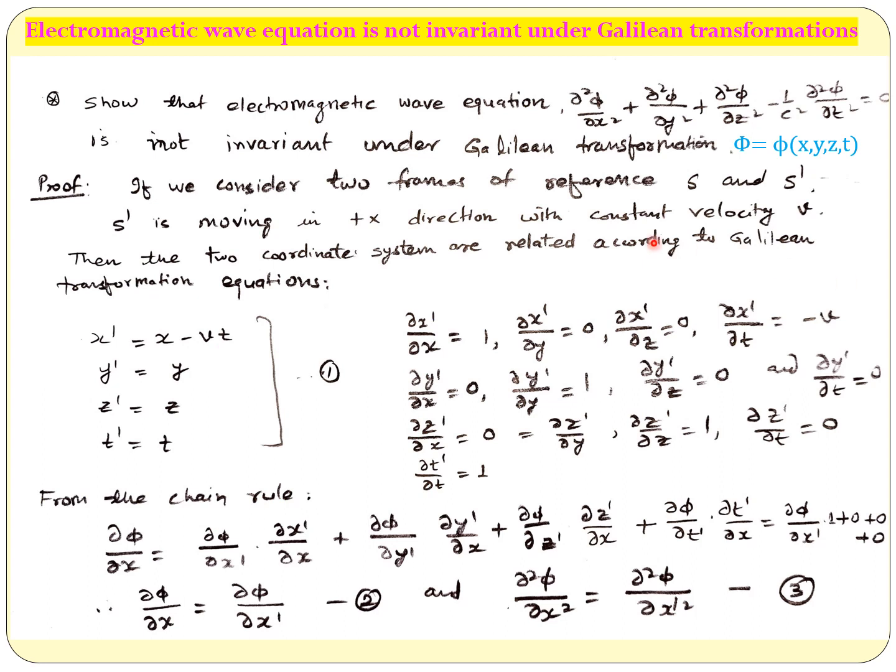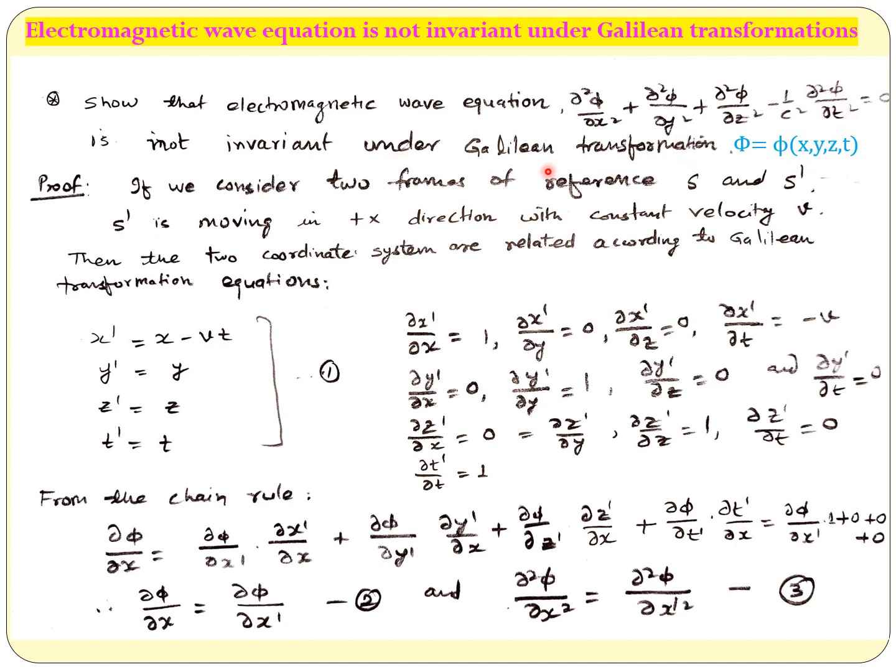Now we have another example, where we have to prove that the electromagnetic wave equation is not invariant under the Galilean transformation equations. The wave equation is a second order partial differential equation, which is delta 2 phi by delta x square plus delta 2 phi by delta y square plus delta 2 phi by delta z square minus 1 by c square delta 2 phi by delta t square, which should be equal to 0, or delta 2 phi by delta x square plus delta 2 phi by delta y square plus delta 2 phi by delta z square equals 1 by c square delta 2 phi by delta t square.